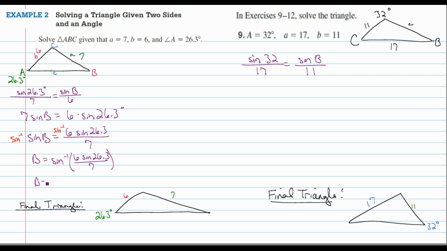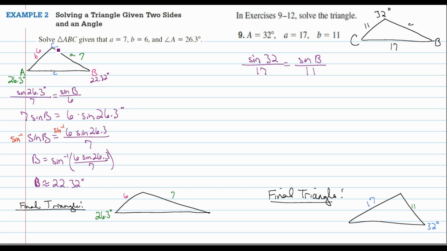If you make sure you are in degree mode in your calculator, you get B is approximately equal to, we are going to have to round this, 22.32 degrees. Now I know angle B is 22.32 degrees and I know side b.